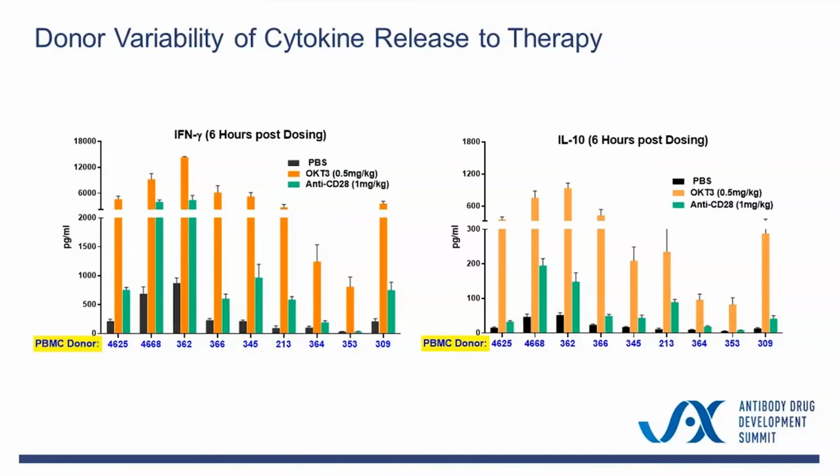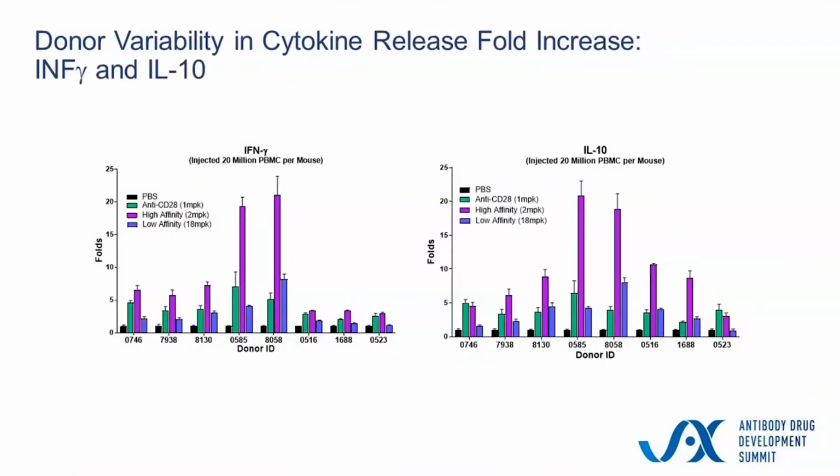But as you can see, there's significant variability in how different normal PBMC donors, or different individuals, respond to these therapies. Even more dramatic is the BCMA CD3 bispecific I showed you before. This is 8 different donors. The high affinity is in purple, and the low affinity BCMA CD3 is in blue. And as you can see with 0585 and 8058, you can get a 20-fold increase in interferon gamma and IL-10 with treatment with this therapeutic, 6 hours after treatment.